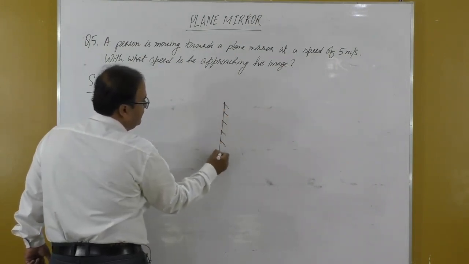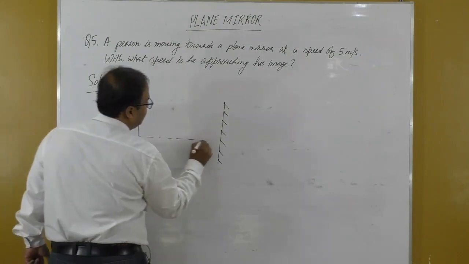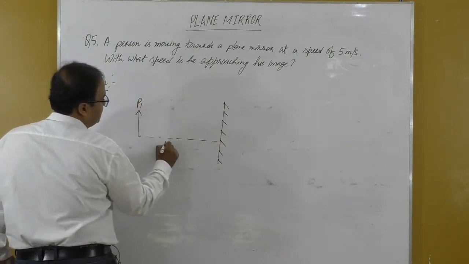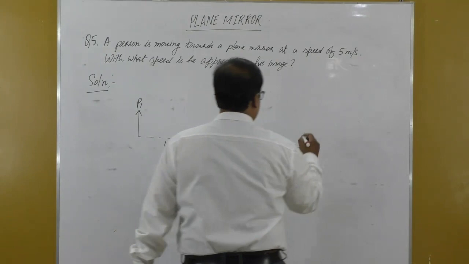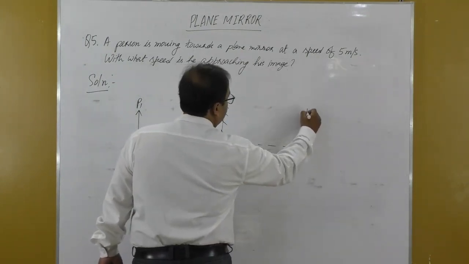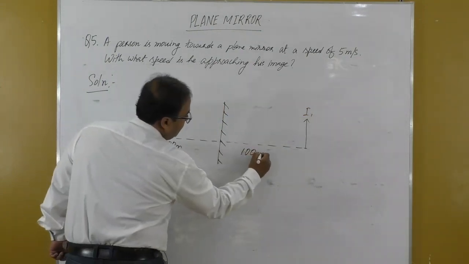This is the plane mirror, and suppose the person is standing, this is the first position, at a distance of 100 meter. So the image is formed, first position of the image, 100 meter behind the mirror.